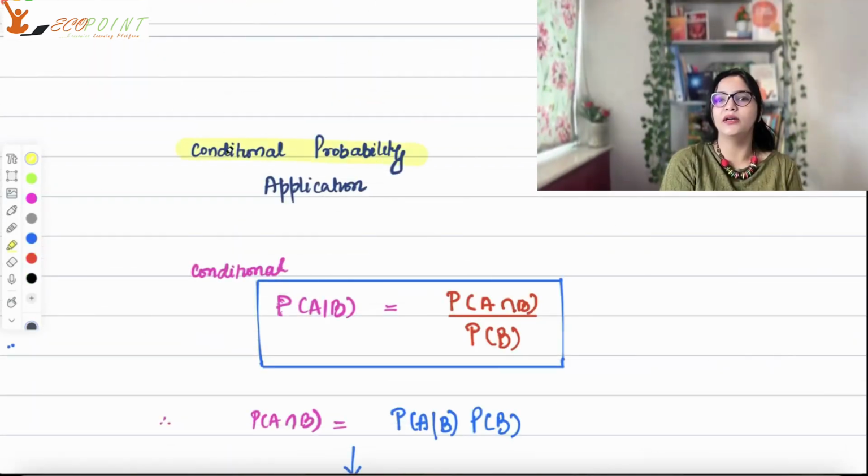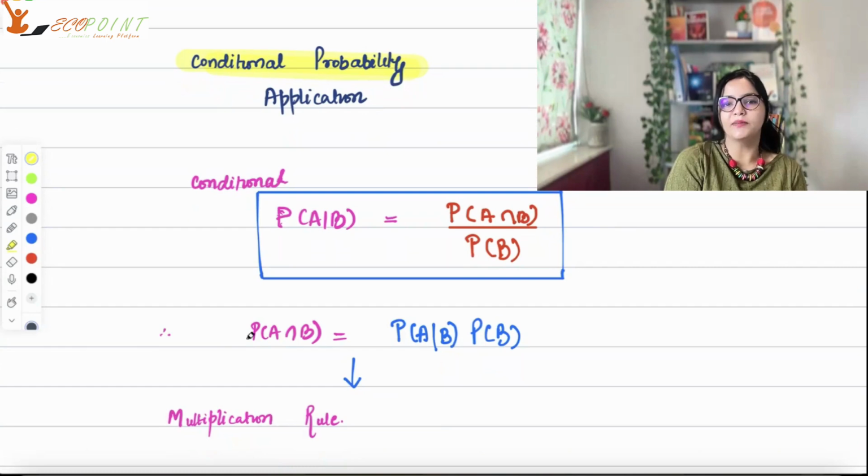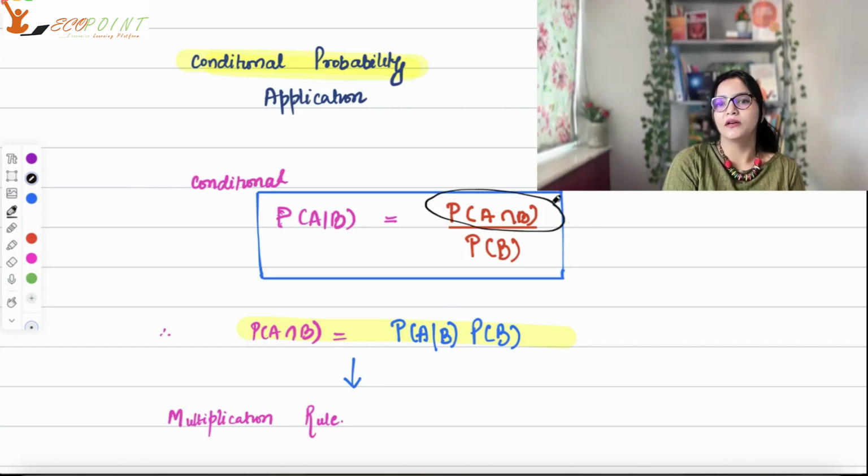Once you know what conditional probability is, there is a very important part that comes out of it, and that is the multiplication rule. So what is the multiplication rule? The multiplication rule basically finds the probability of the intersection from conditional probability.